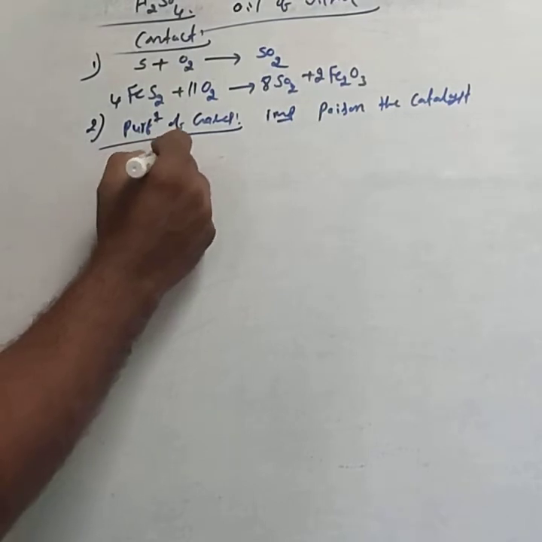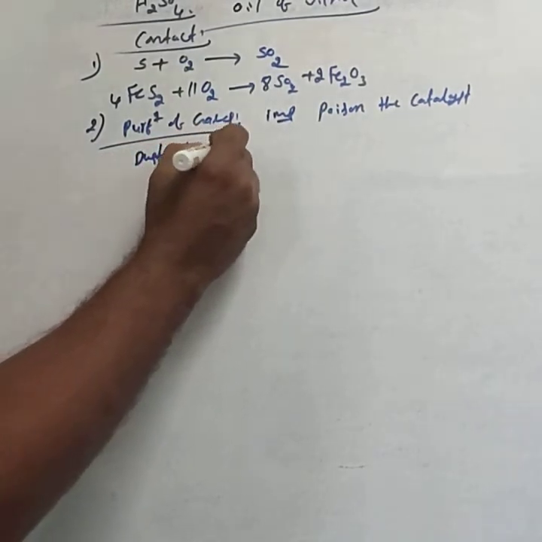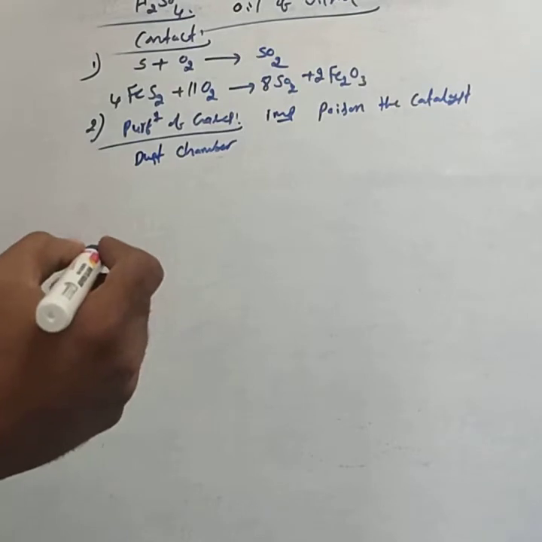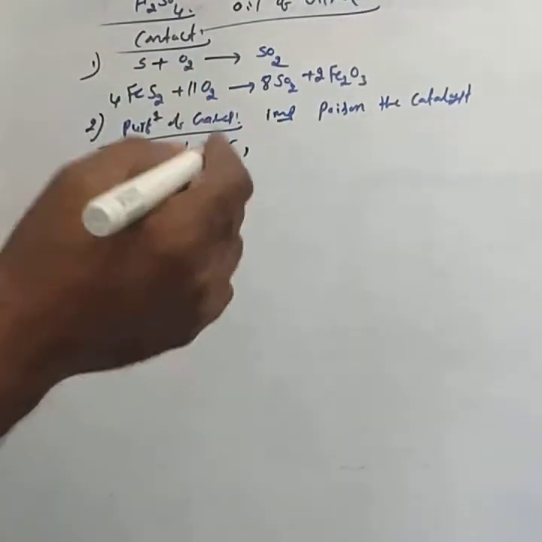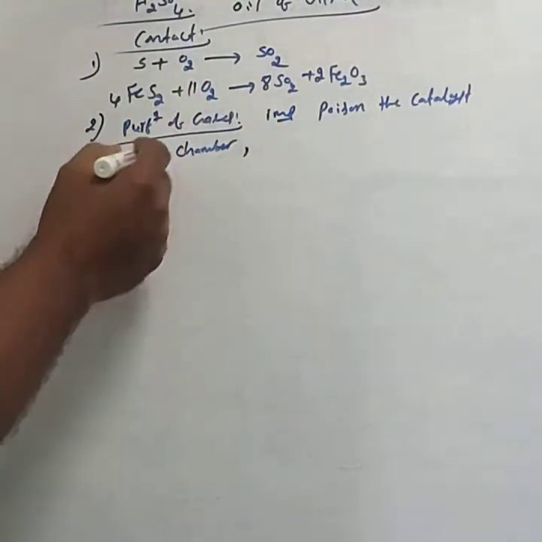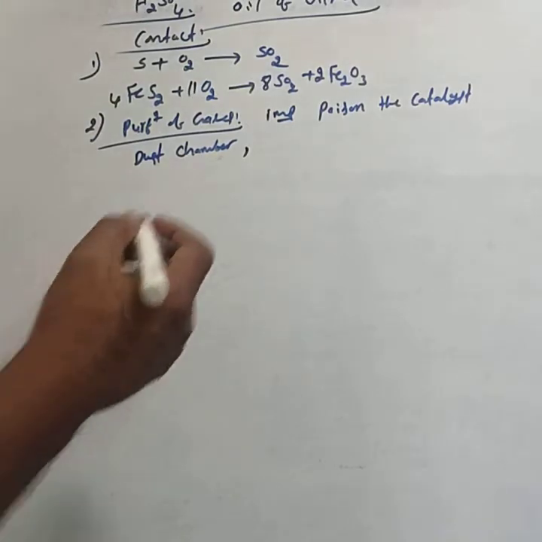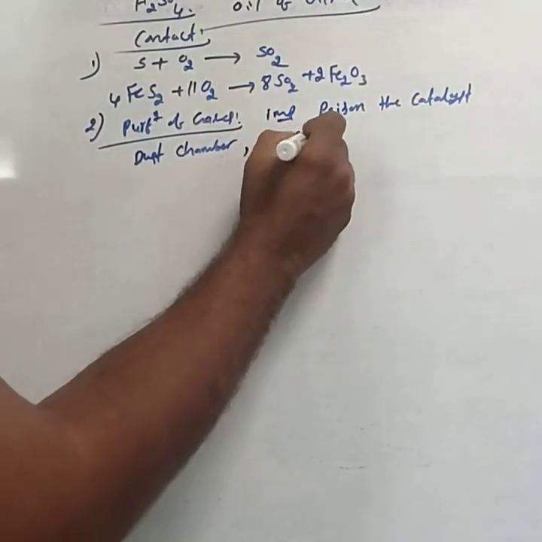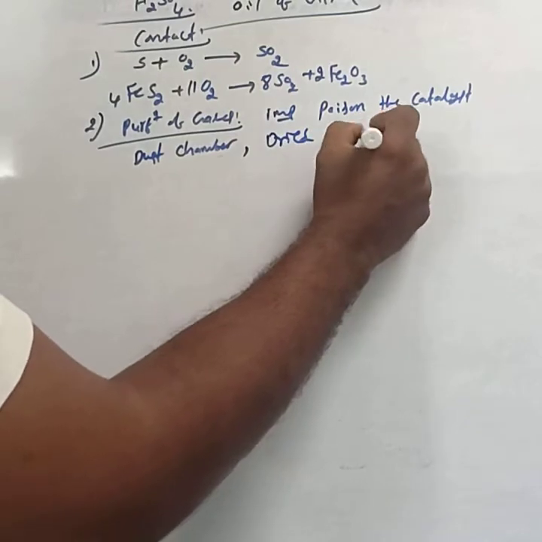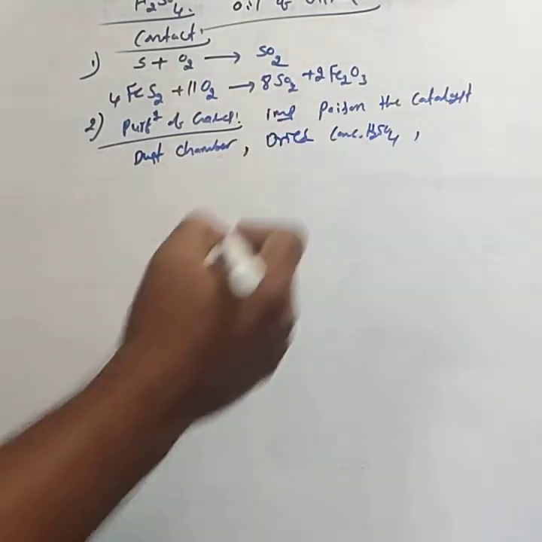Among them, one is the dust chamber. Then the gases, after passing through the dust chamber, are dried by using concentrated H2SO4.